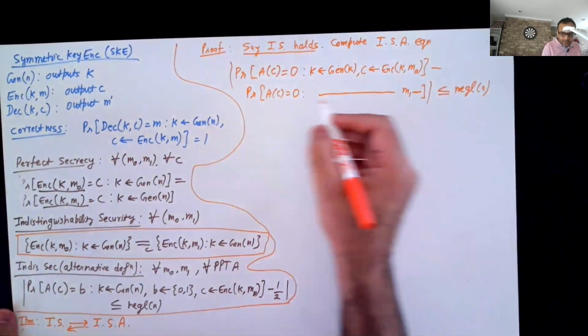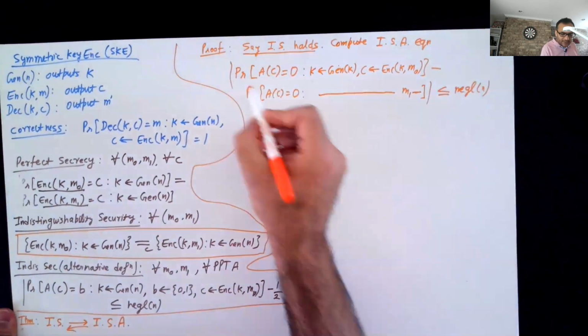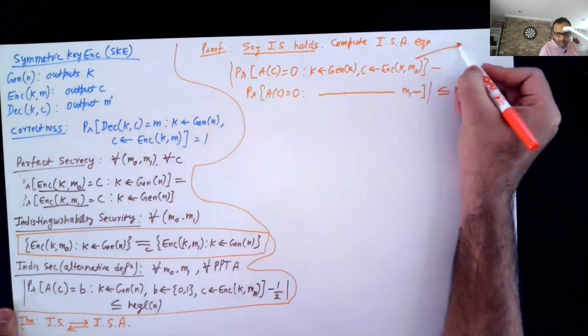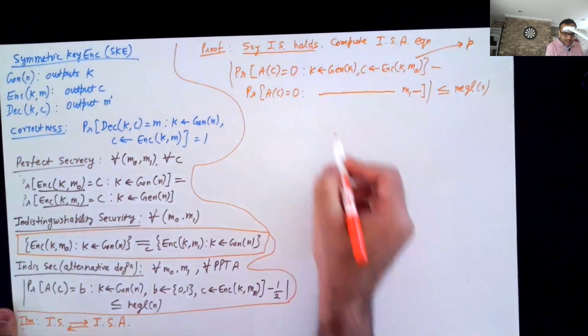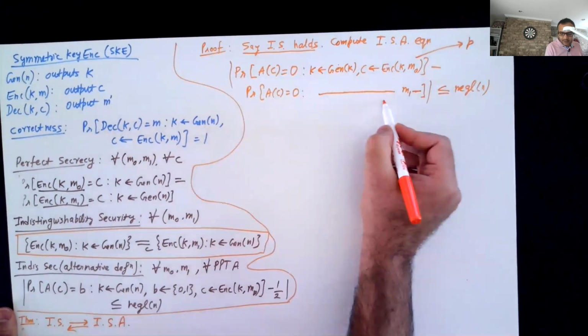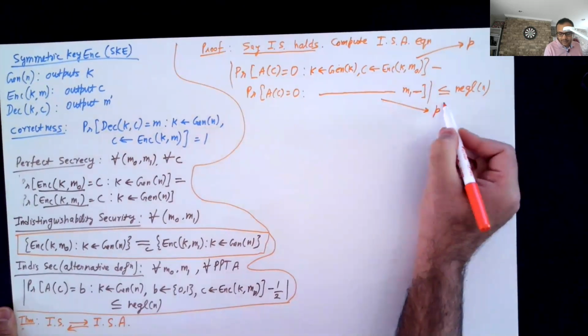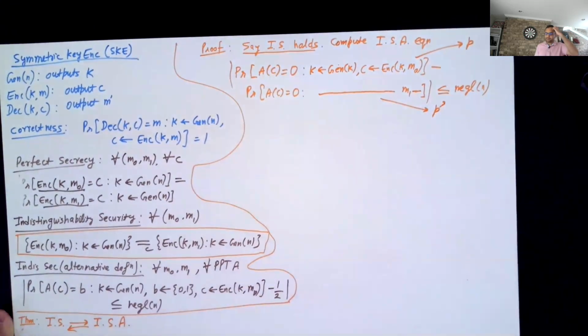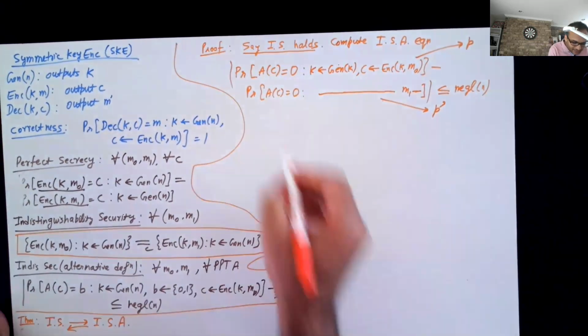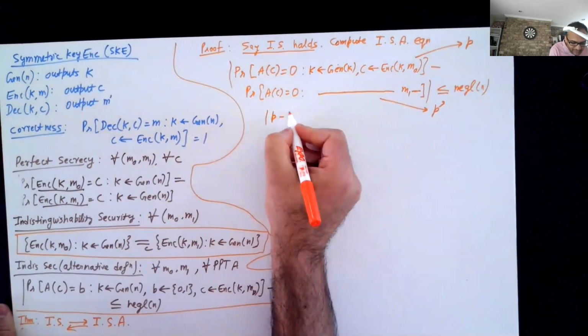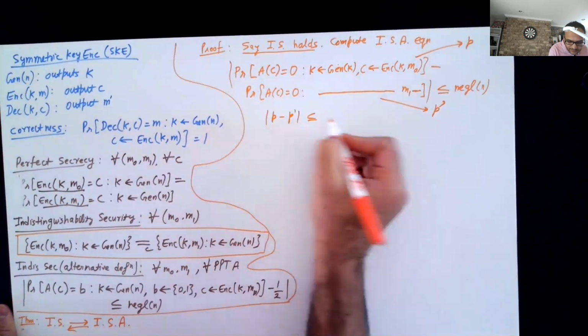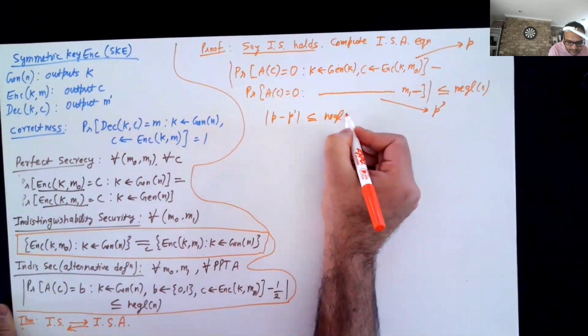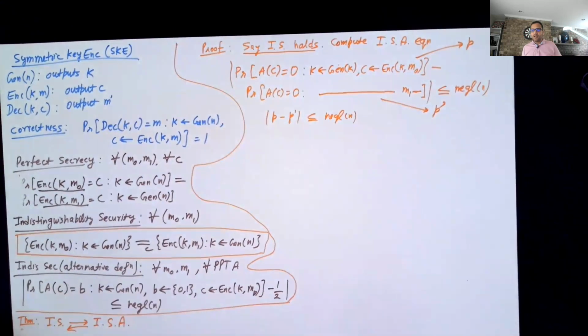So we will call this P, and we will call this P prime. This means that P and P prime are very close to each other. Now let's go to the alternative definition, and let's try to express it in terms of P and P prime.